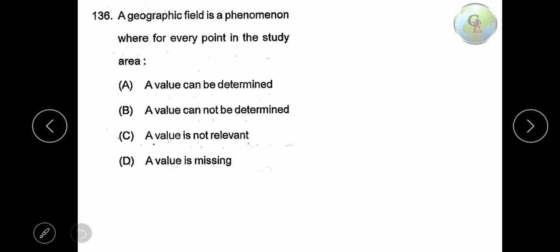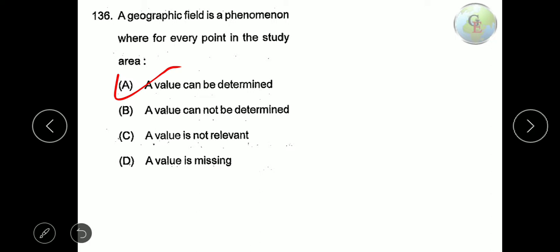Next question: a geographic field is a phenomenon where for every point in the study area, option A, a value can be determined, option B, a value can be determined, option C, a value is not relevant, and option D, a value is missing. Here the answer will be a value can be determined.